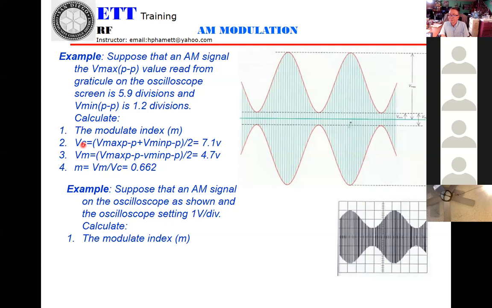Okay, so that is 9 plus 2, 1. Okay, this is 3.5. Vc 3.5. I don't understand how come they get 7.1 volt. That's if you don't divide by 2.